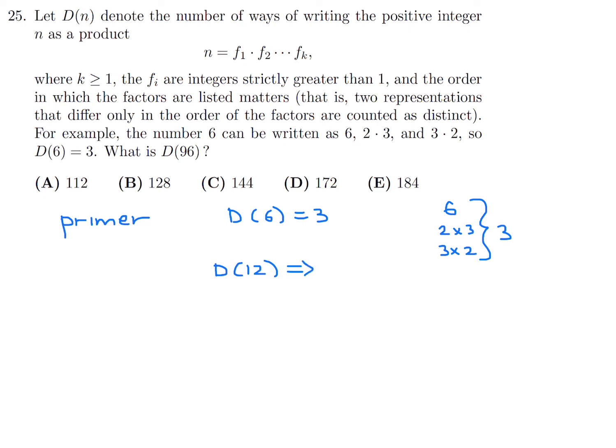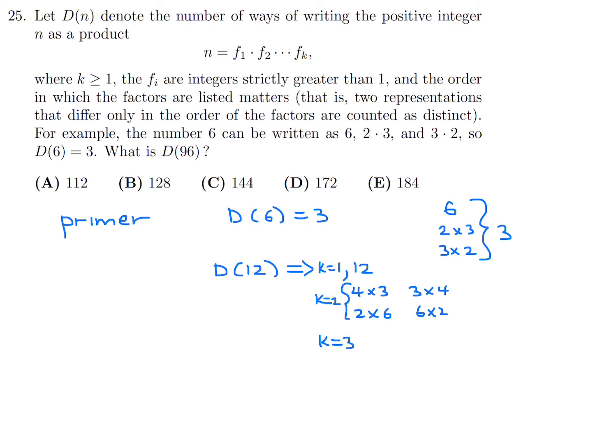It can be either 12 by itself, or it can be, let's see here, 4 times 3, 3 times 4, 2 times 6, 6 times 2. And I think that exhausts when k is 1, it's like this. But when k is 2, I think these are the only 4.